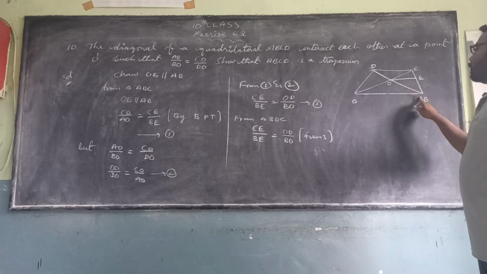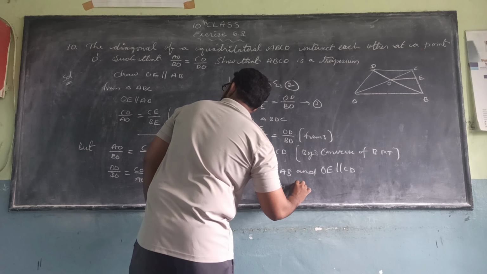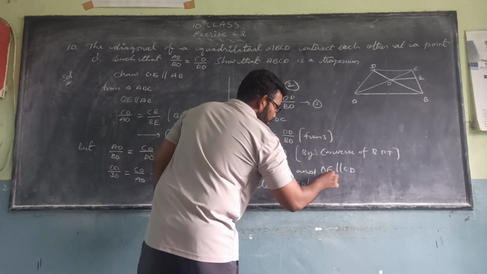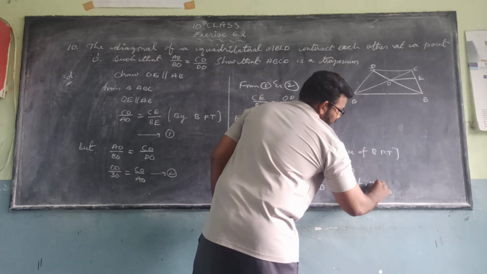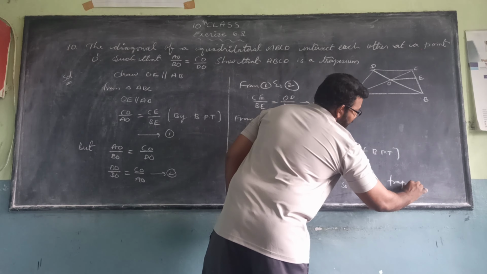So already we find that OE is parallel to AB, and also it is parallel to CD. Clearly we say that AB is parallel to CD. So it is a trapezium.